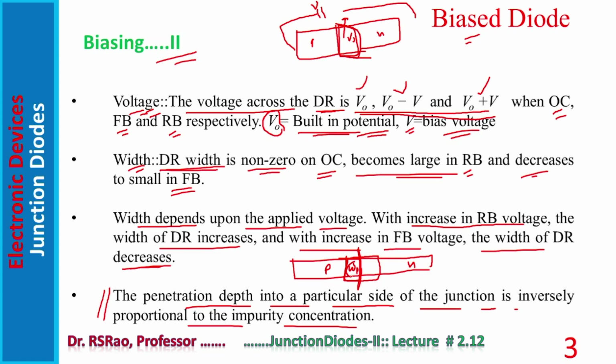This WP is dependent upon impurity concentration on the P side. Similarly, WN or WD. This WN depends upon impurity concentration on the N side. It can be shown that these widths are inversely proportional to impurity concentrations.